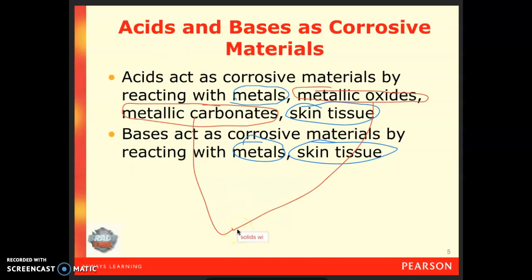These solids that have base-like properties are also going to be responsive to acids, in addition to metals and skin. Now, substances with base-like properties are far more common than substances with acid-like properties. And that's why we don't see those kinds of examples here with the bases that we saw with the acids. Well, let's take a couple minutes and take a closer look at acids.